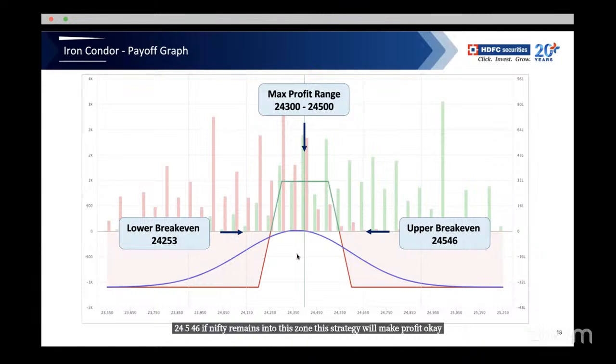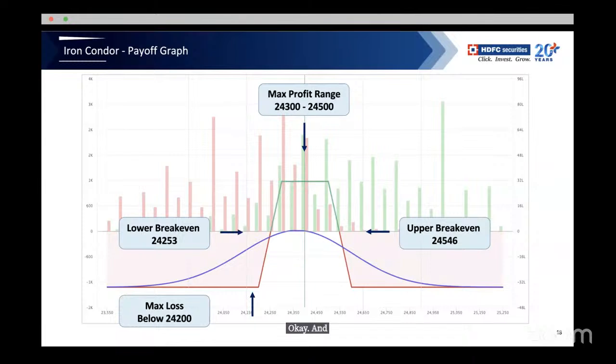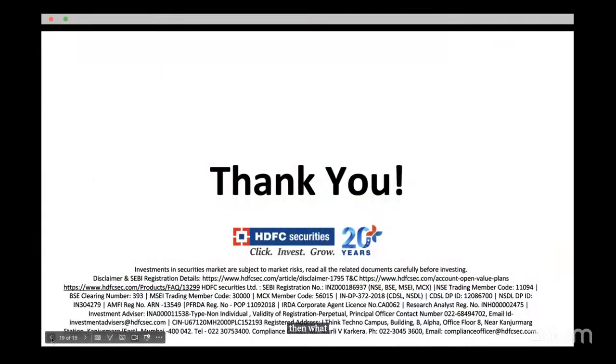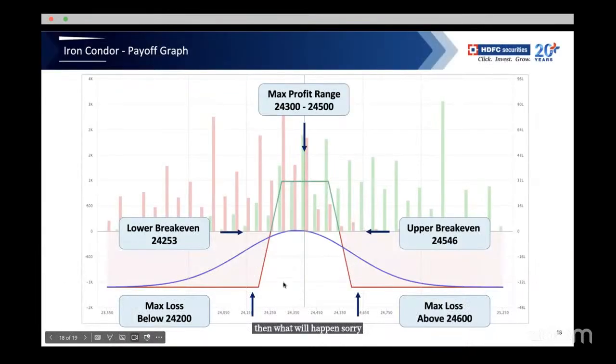Okay, but let's say that after all the efforts the analysis goes wrong, and it slides to either side, upwards or downwards. Then what will happen? Beyond 24,400 and 24,600, these are the max loss points that we have.